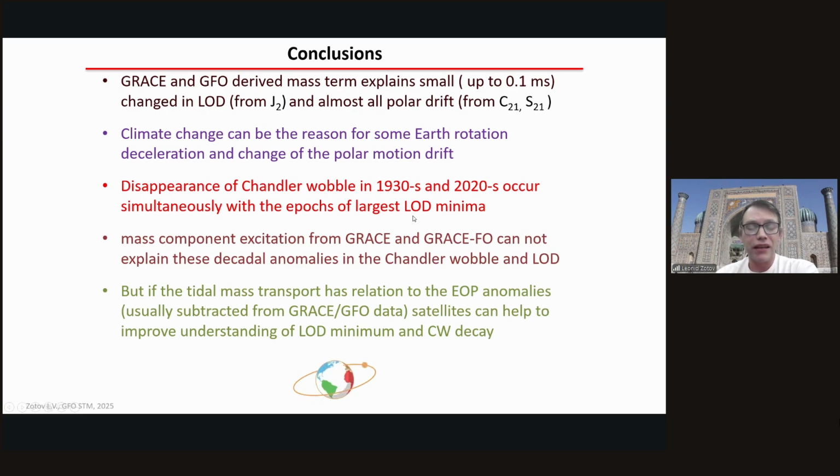But if we find, maybe as a hypothesis, that tidal mass transport is related to these anomalies, then we can extract better tidal models from GRACE and probably understand the reason.